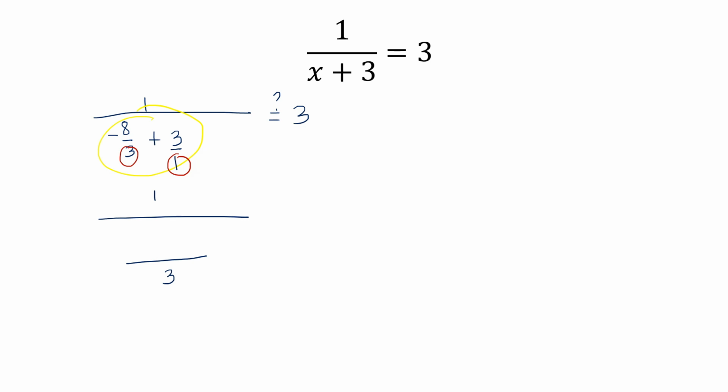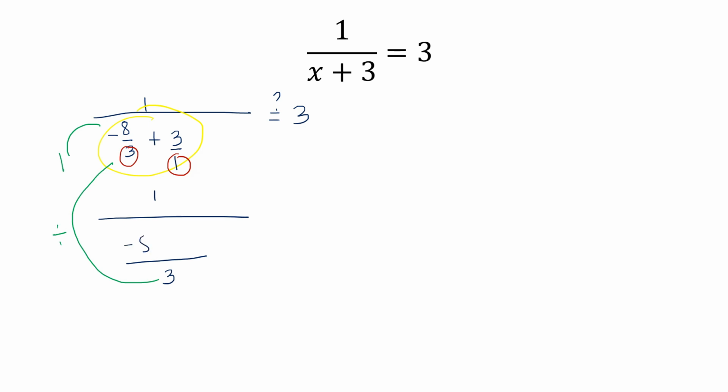Now again, let's have a recall on your elementary math. So for the numerator, what we do is divide the LCD by the denominator of the fraction. That's 3 divided by 3 is 1. And then multiply it by the numerator. 1 times negative 8 is negative 8.